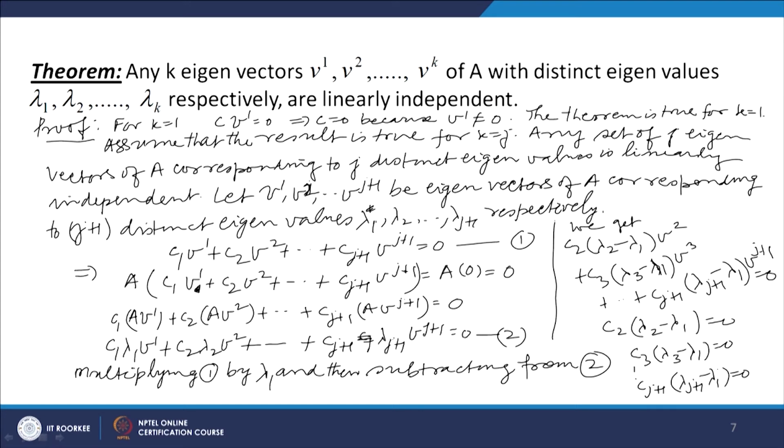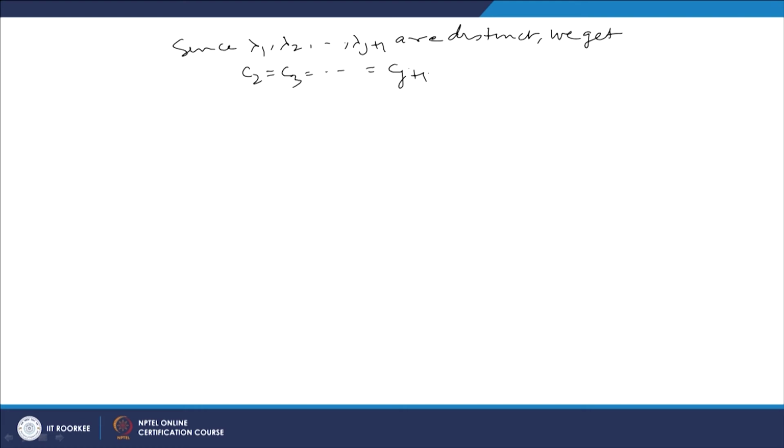Now, we have assumed lambda 1, lambda 2, lambda j plus 1 to be distinct eigenvalues. So, lambda 1 is not equal to lambda 2, lambda 1 is not equal to lambda 3, lambda 1 is not equal to lambda j plus 1. Since these are distinct, we get c2, c3 and so on, cj plus 1 equal to 0.